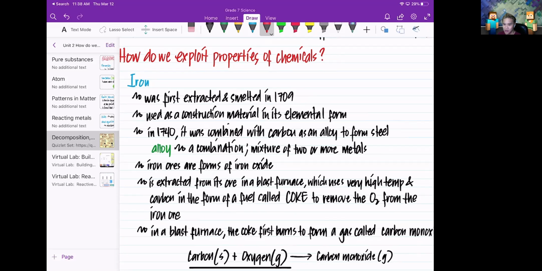So I'm going to show you how iron ore was extracted. Can you tell me if you can hear the sound? Can you hear the sound? No. Yes. All right, so this is the blast furnace.